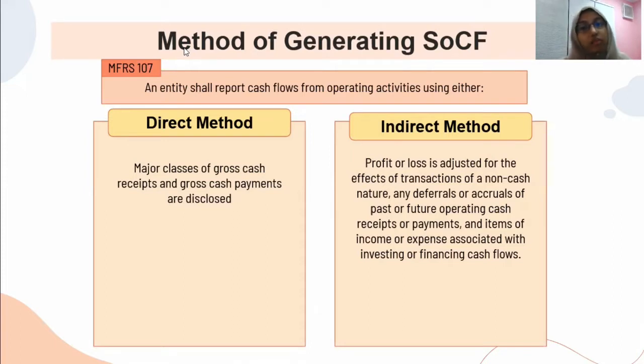The cash flow from financing and investing activity sections will be identical under both the indirect and direct methods. So the only difference between the direct method and indirect method is presented under operating activities, and this will be explained in more detail later.